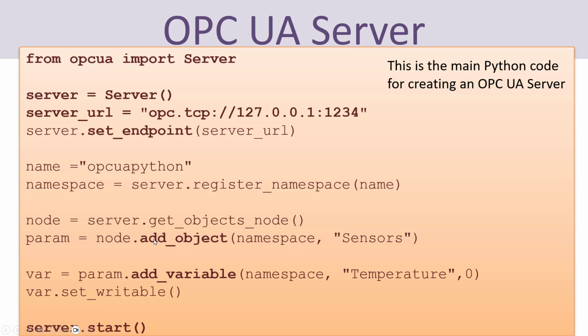and then you use different objects or methods that are part of this OPC UA Python library. So basically here you need to specify an object, or it's just basically a folder where you put your tags inside. So I specify a folder called sensors, and within that folder I create an OPC variable or an OPC tag. I just call it temperature.